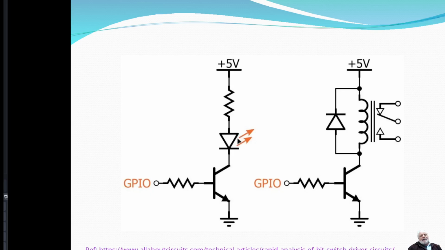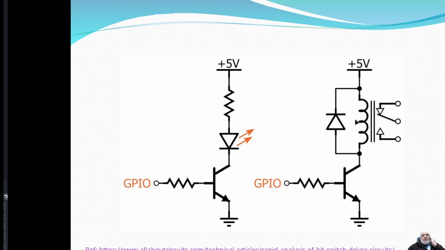So depending on your LED and exactly how bright you want it to be, you can calculate what the voltage drop must be across this resistor to limit the current. Based on the amount of current and the voltage drop of your LED, you can then pick this value of resistor.